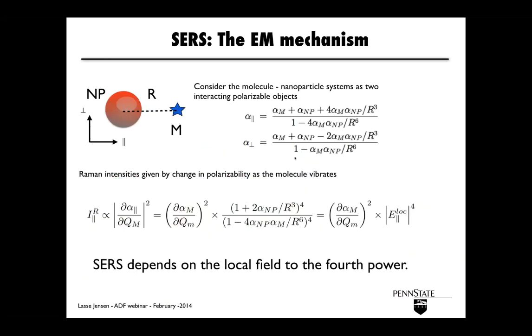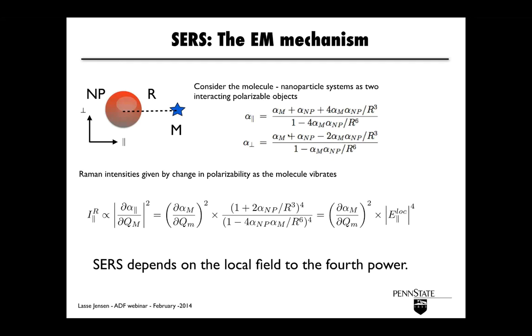And the main common mechanism is the electromagnetic mechanism, where the simplest way of thinking about this is to consider the two objects as two polarizable objects that interact with each other. If you do that, you can write down the total polarizability for the system, given by these expressions here, where alpha M is the polarizability of the molecule and alpha NP is the polarizability of the nanoparticle. And you have a distance-dependent coupling term, where R is the separation between these two.